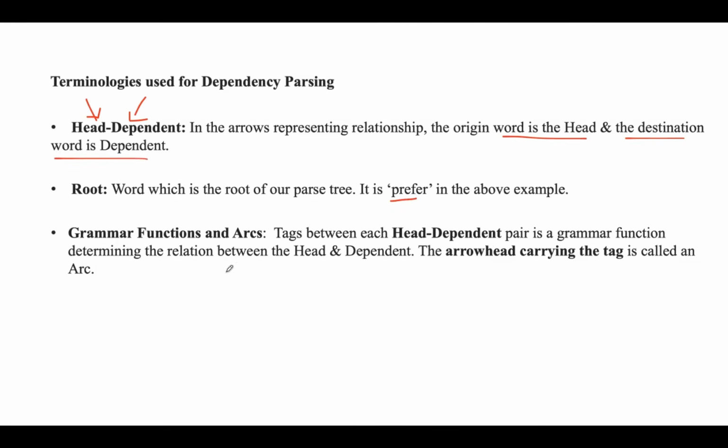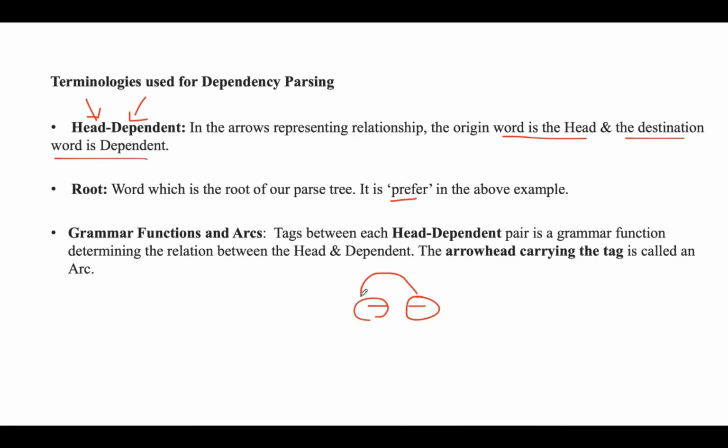And the third one is grammatical functions and arcs. Here, the tags between each head and dependent pair. Suppose there are two words, one is a head word and the second one is a dependent word. The tag which we use between these two, the head and dependent pair, determines the relation between the head and dependent. The arrow carrying the tag is called an arc.